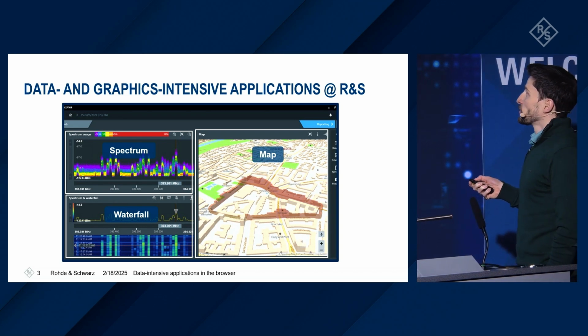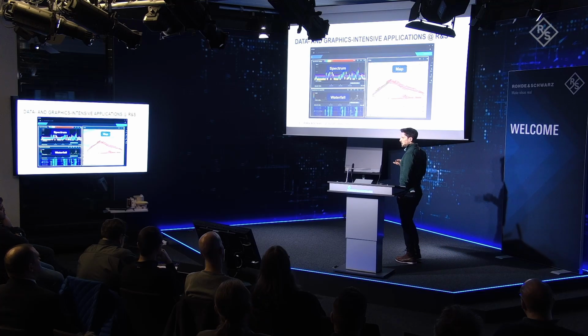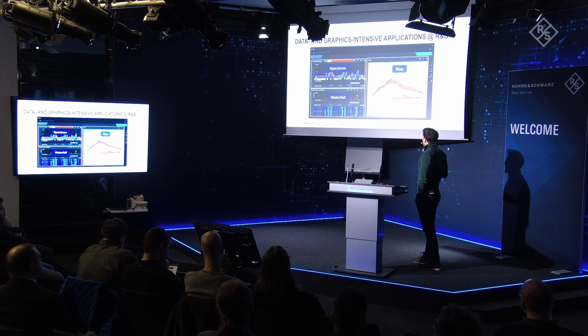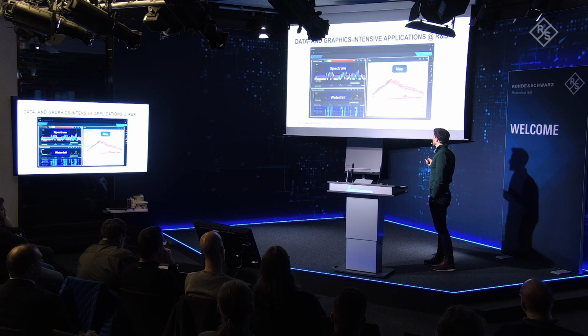Another component, in addition to these two specific components for radio signals, which is one of the key businesses of Rohde Schwarz, we have also on the right of this user interface a map or geolocation or geospatial control. There we are displaying and processing location information.